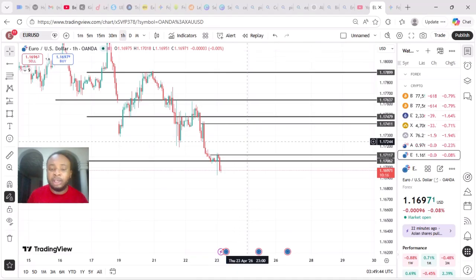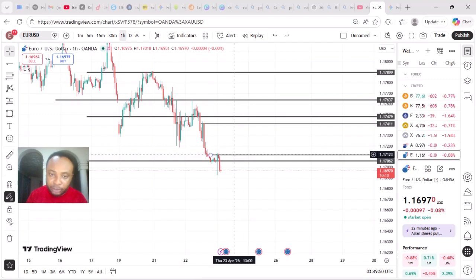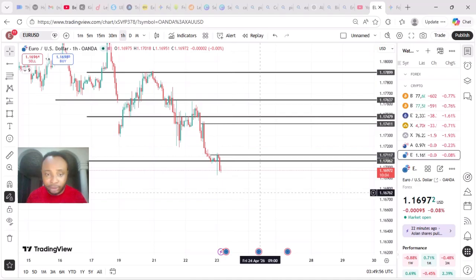So this is for the hourly candle. If it comes here again, it's going to be a double top. Depending on the news or event, it's going to reverse again after testing it. Because like this now, this shows you sellers are in the market.